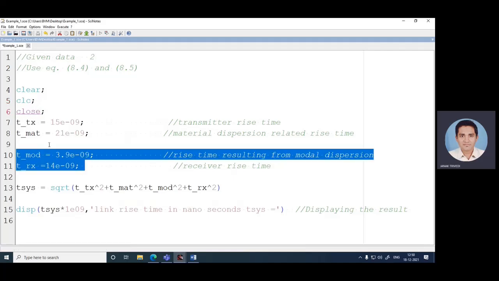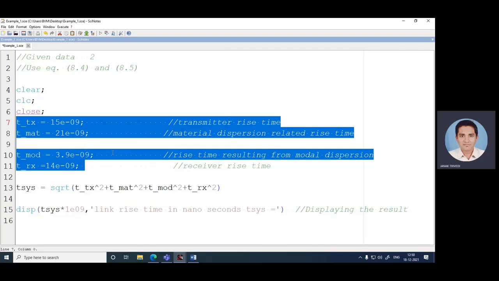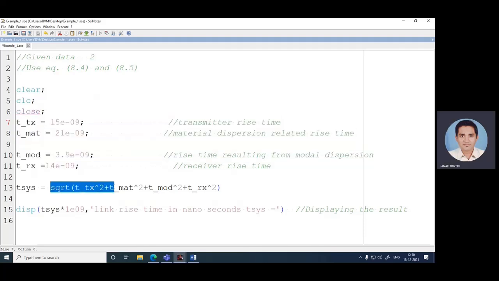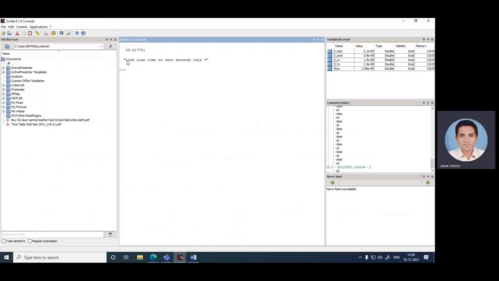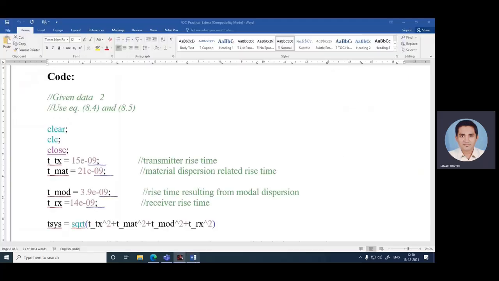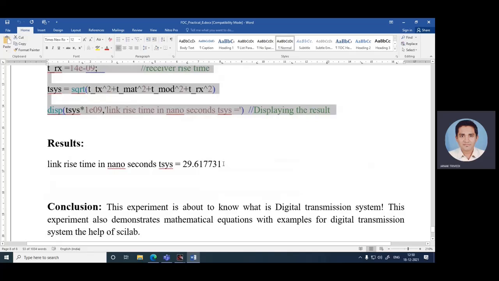Then we have to use the given data TTX, TMAT, Tmode and TRX, and finally use this equation for T system, that is the square root of TTX square plus TMAT square plus Tmode square plus TRX square, and finally display the result. Let's try to execute this code. So the answer is link rise time in nanoseconds is equal to 29.617731. Okay, so the same answer is there in this particular document.